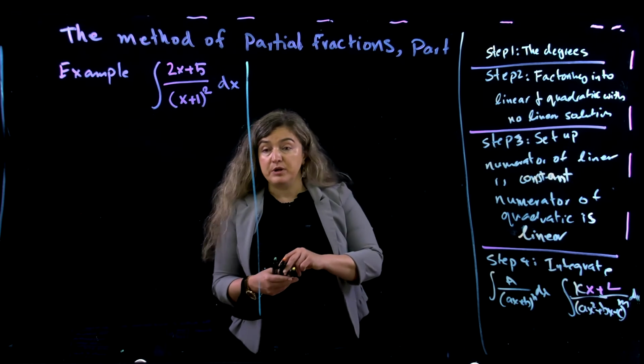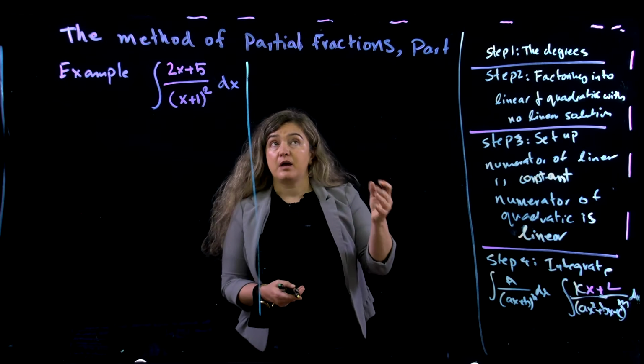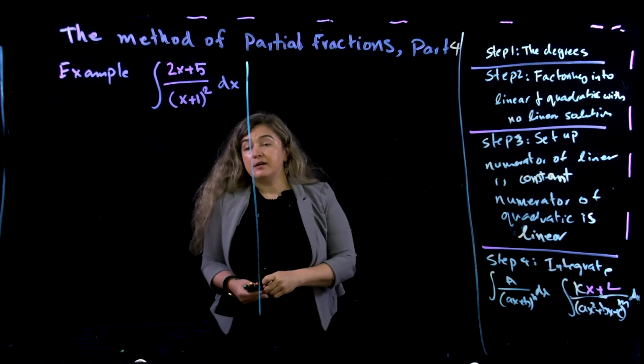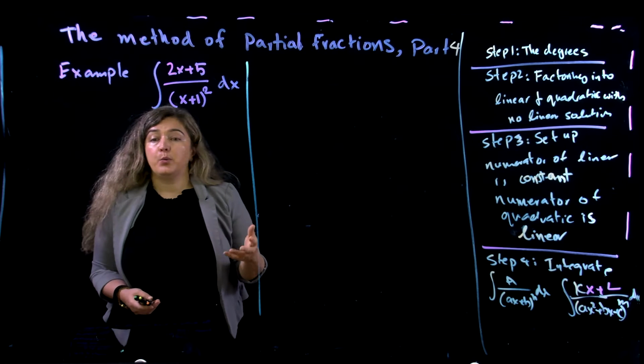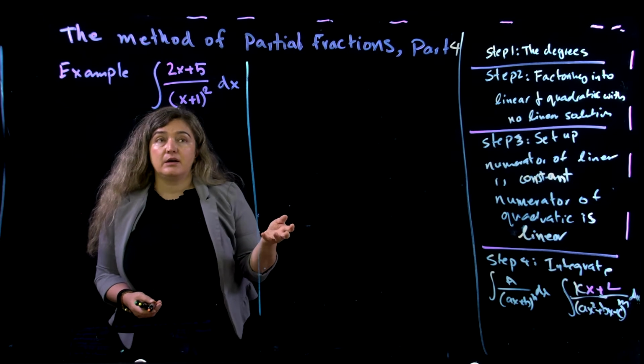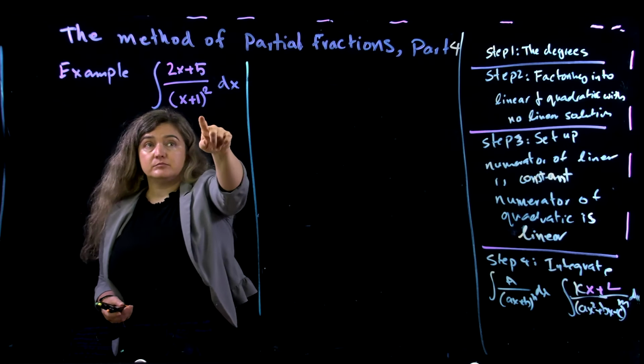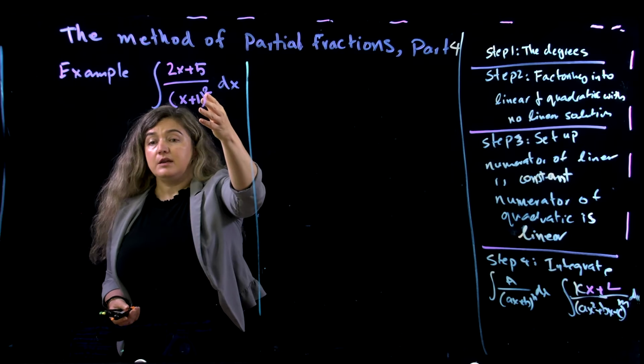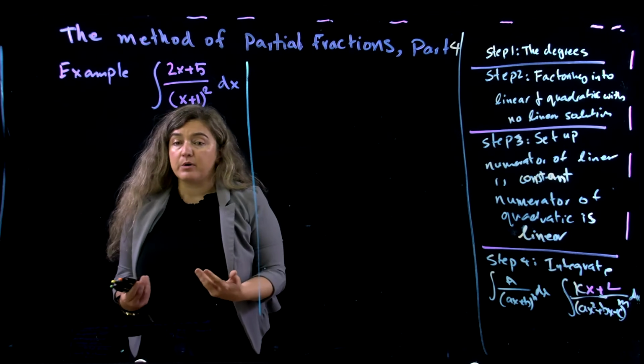So we're continuing with methods of partial fractions. This is part 4, and this is an example where the denominator is basically some linear form to a power.